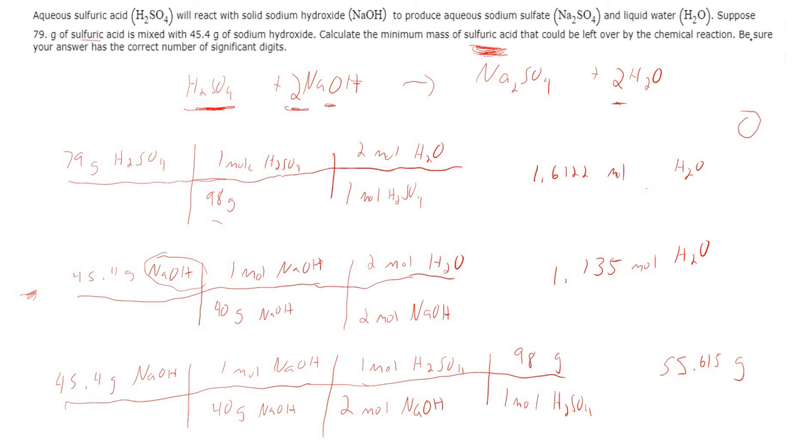We started with 79. So if I do 79 minus 55.615, then that will give me how much is left over.